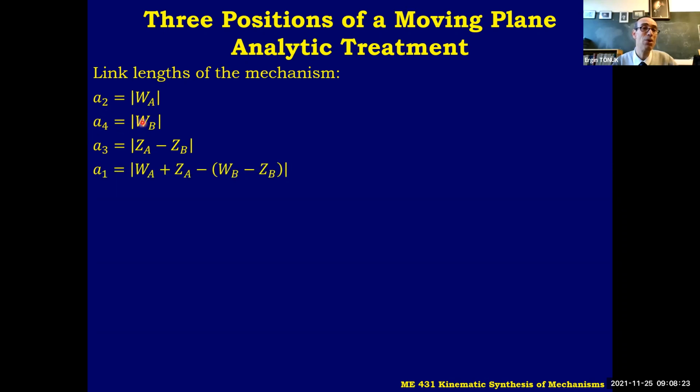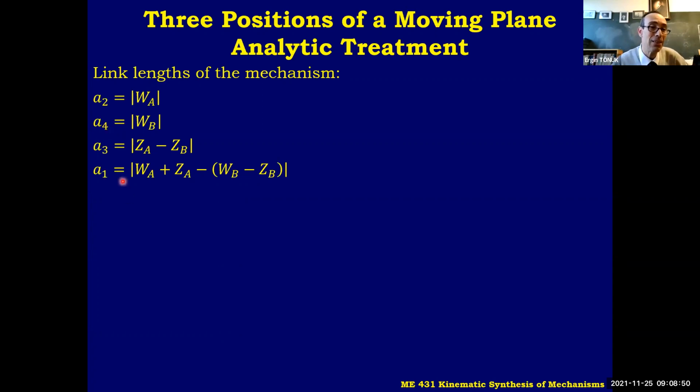Link length A4 is the magnitude of WB. So these are the lengths of the two cranks, okay? Which are these lengths. This is A2, this is A4, and this is A3, which is the magnitude of the difference of two Z vectors.